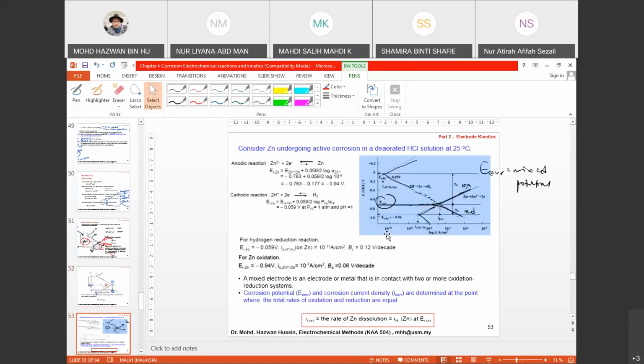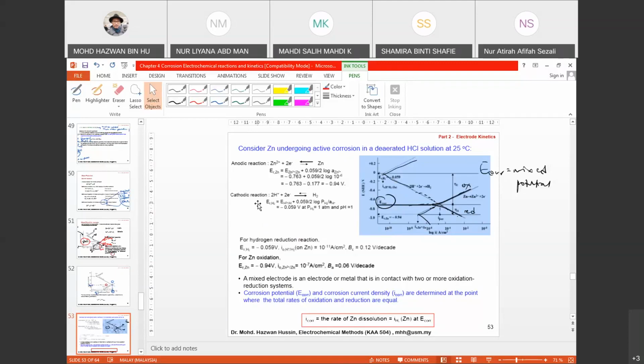Right. So the same explanation as what I've told you earlier. Considering zinc undergoing active corrosion in deaerated hydrochloric acid solution at 25 degrees C. So you know that you have the anodic reaction of zinc dissolution. You notice that the arrow is bigger for the forward reaction, for the formation of Zn2+.